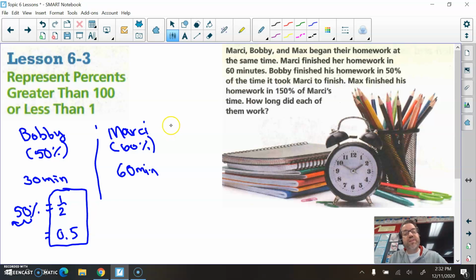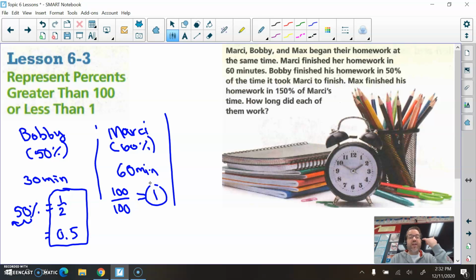By the way, 100% as a fraction would be 100 over 100. And if you divide that, you get 1 whole, don't you? So it's kind of weird if I were to ask what's 100% as a fraction? It's just 1 whole. You could say 1 over 1 if you want to. That'd be fine.